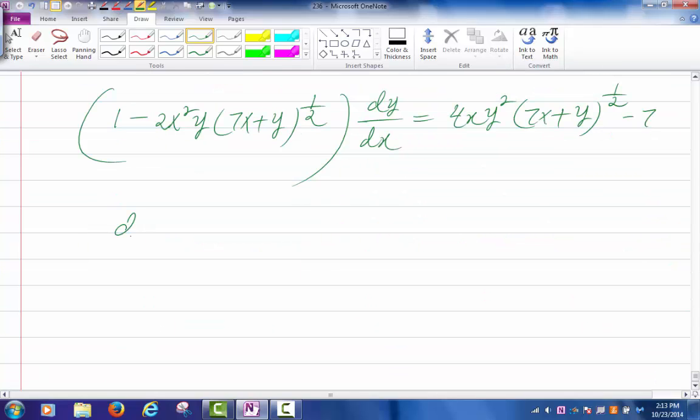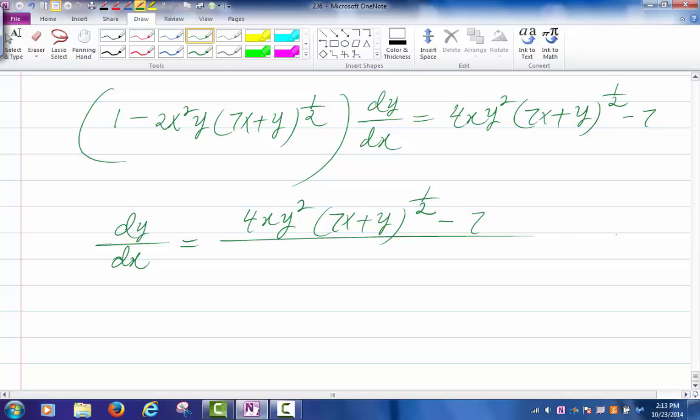I have to say that dy/dx is 4x y squared times 7x plus y to the half minus 7, over 1 minus 2x squared y times 7x plus y to the half. And this is it. Okay. Is everybody okay with that?